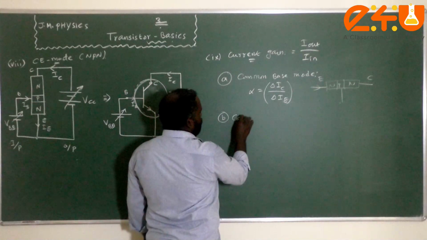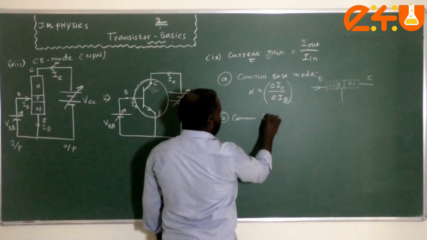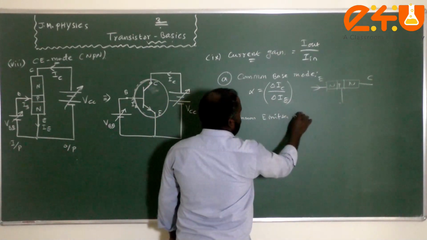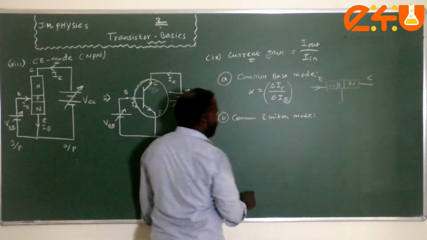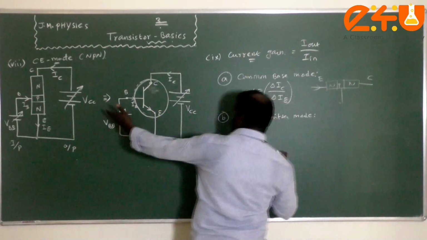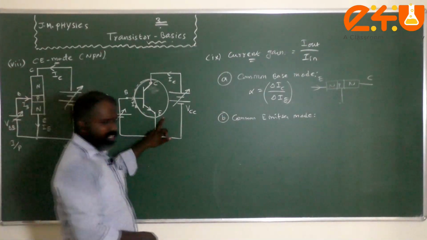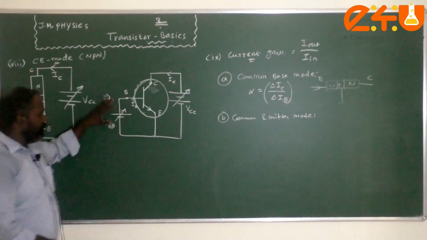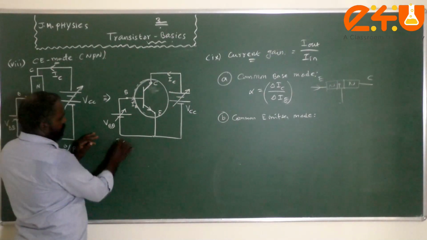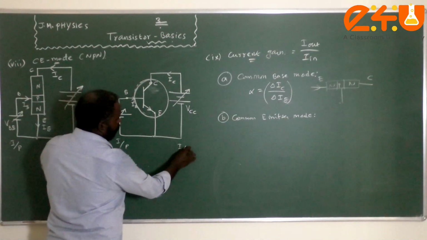Similarly for common emitter mode, we know that the emitter is common. So the base will be the input part, and the collector will be the output part.